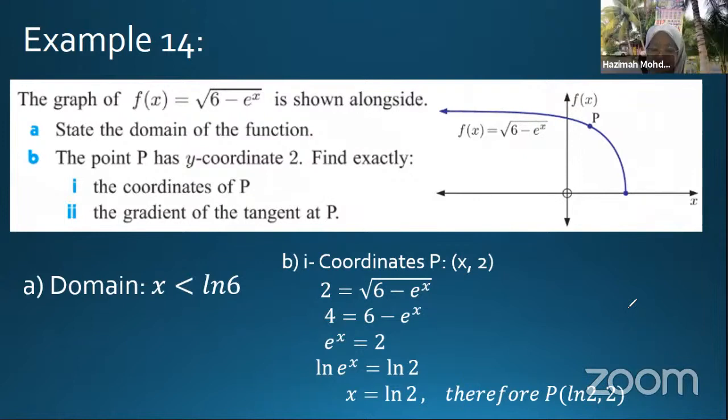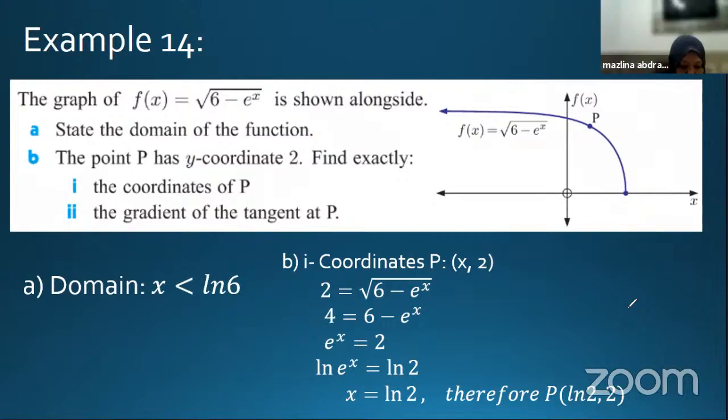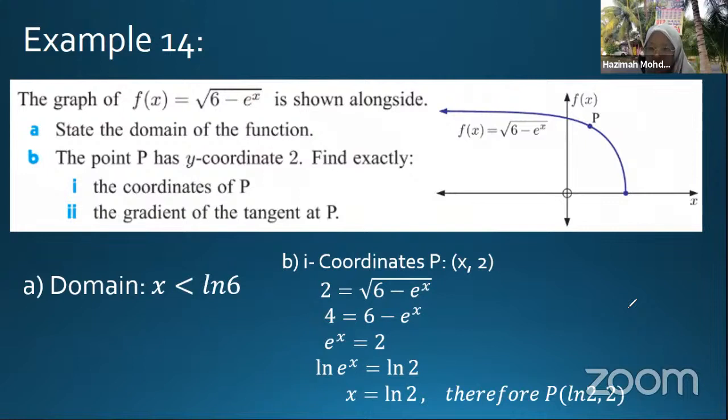Kalau saya try je teacher, kalau dapat 1/2 square root 6 minus e to the power of x. Apa tu Jima? Differentiate. Okay, the derivative of this. This is 6 minus e to the power of x, power half, kan? So half of 6 minus e to the power of x to the power of negative half, betul tak?